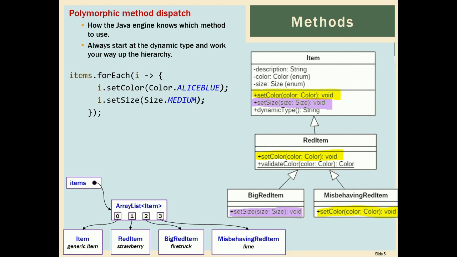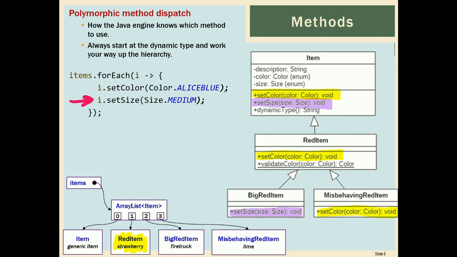To show you one final time polymorphic method dispatch, we'll examine the other method call, the call to set size. When we begin iterating through our collection, we start off with an item. The dynamic type is item. It goes to here and it runs the set size method. The next on the list would be the red item.